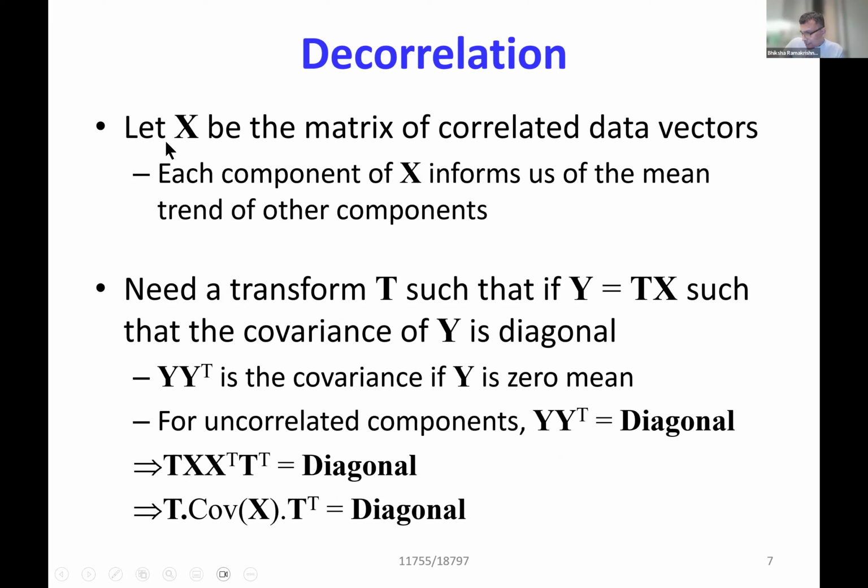If X is the matrix of correlated data vectors, then I want some transform T such that Tx is uncorrelated, which means if y equals Tx, you want y times y transpose to be a diagonal matrix. And that means Tx times X transpose T transpose is going to be a diagonal matrix. But this inner term over here, XX transpose, is simply proportional to the covariance matrix of X.